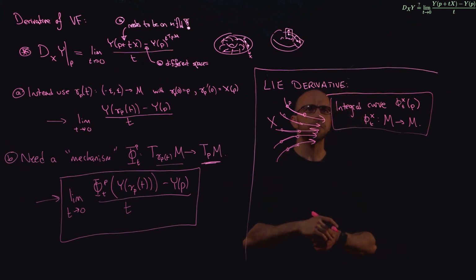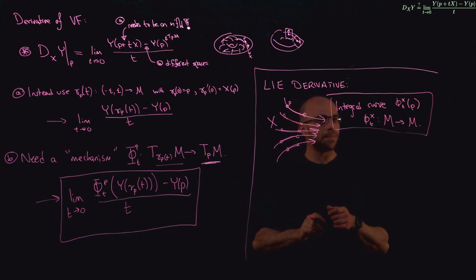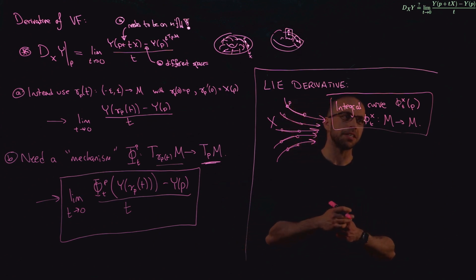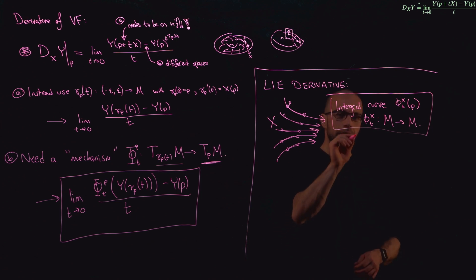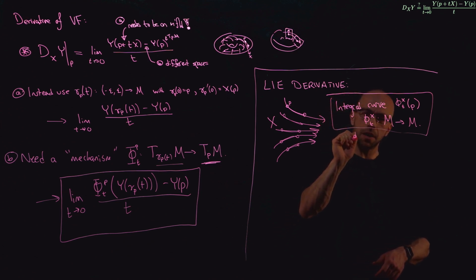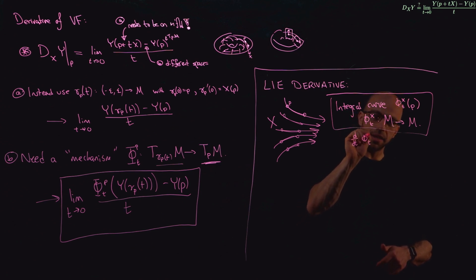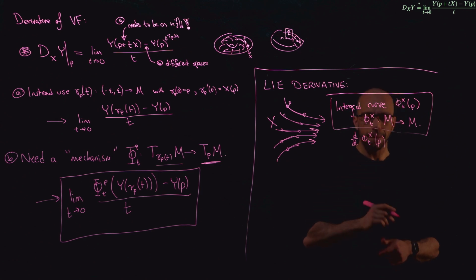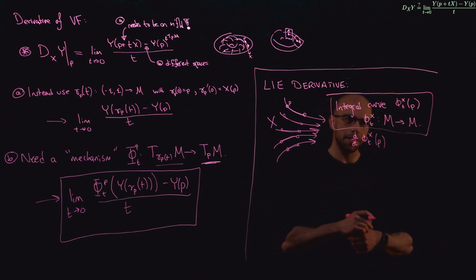One thing to notice, by the way, is that you can define this without a metric or anything else. Basically, you can get these integral curves by solving a differential equation, right? So the way that you would do it is d over dt of phi t X at p. Well, what is this thing?